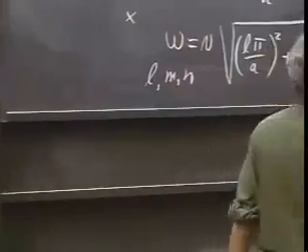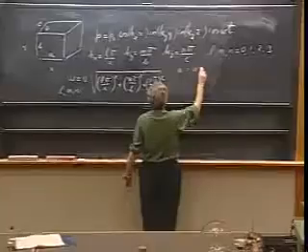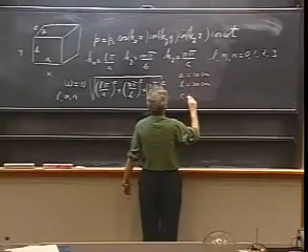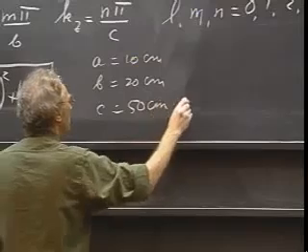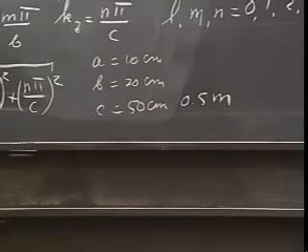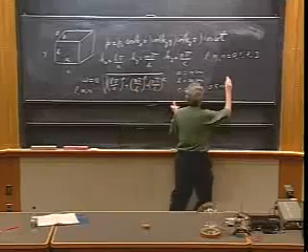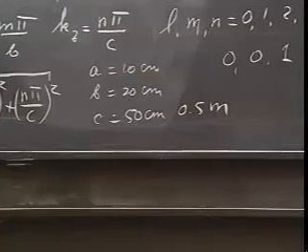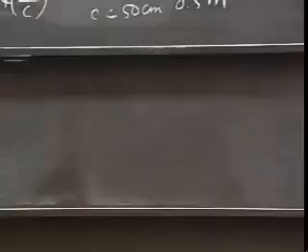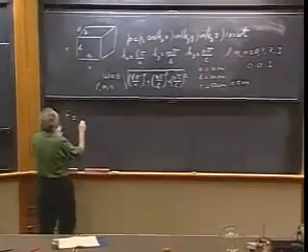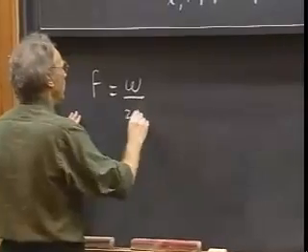And so if A, for instance, were 10 centimeters, and B is 20 centimeters, and C is 50 centimeters, which happens to be 0.5 meters, then clearly the lowest frequency is L, M, N equals 0, 0, 1. For the 0, 0, 1 mode, I then get a frequency f, which is omega divided by 2 pi.